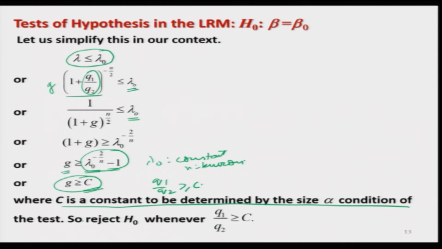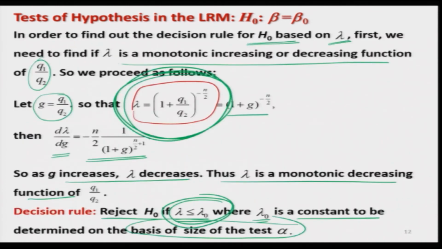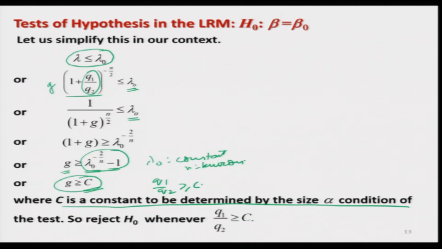So, the same rule, reject H naught if lambda is less than or equal to lambda naught, I can write as: reject H naught whenever q1 upon q2 is greater than or equal to the constant c, where c is determined by the size alpha condition of the test.